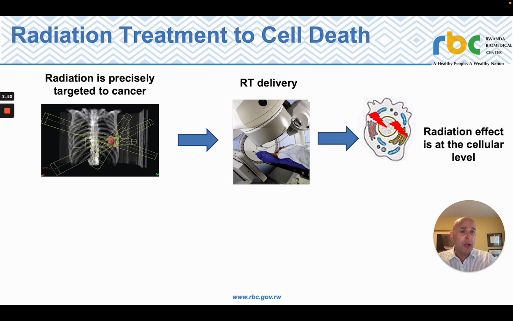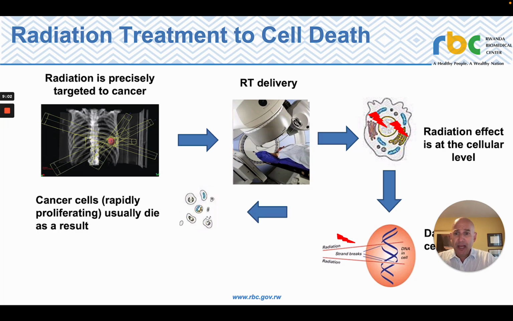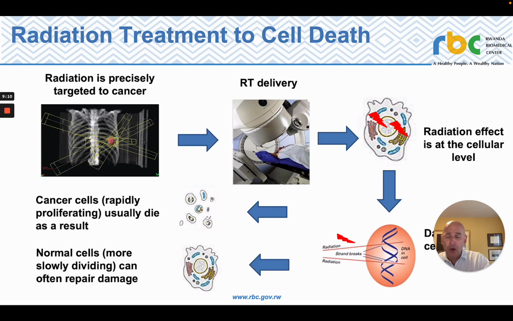Subsequently, that treatment has an effect at the cellular level, and you're damaging DNA with this treatment, leading to cell death. What's happening is the cancer cells, which are usually rapidly proliferating, die as a result of that radiation treatment, while the normal cells, as I just said, which are generally more slowly dividing, can often repair that damage effectively.